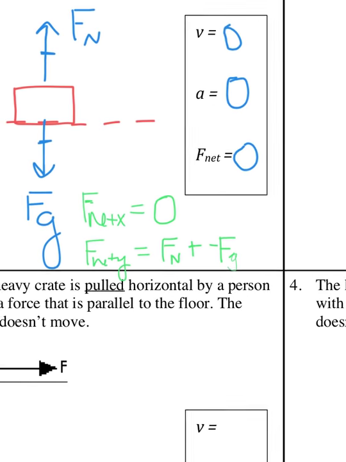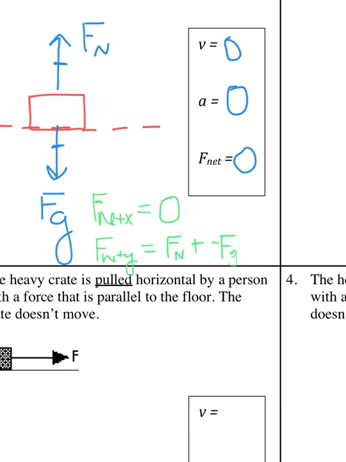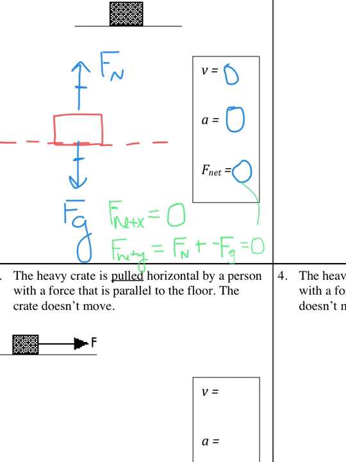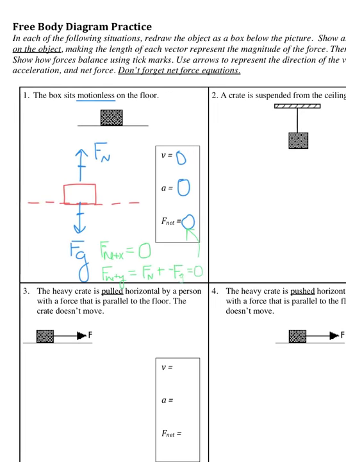Now, we said here those are balanced, so if I added a normal force plus a negative Fg, I would get 0. So there's still no net force, which is good. This should match what I wrote up here. All right, pause the video and try number 2 with your group.